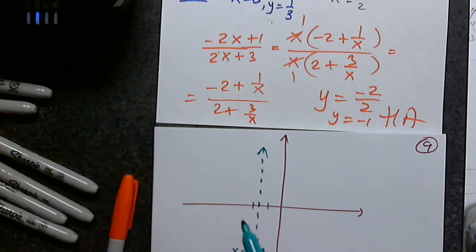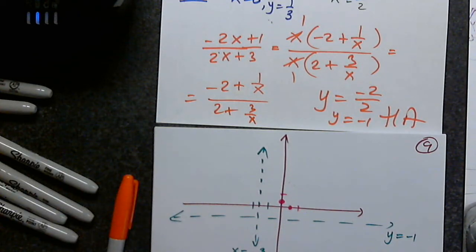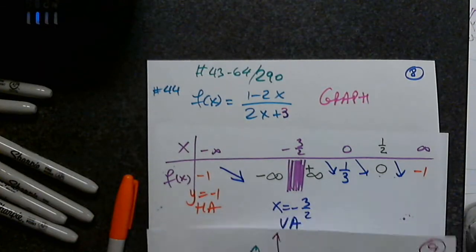Then I have y equals negative 1. Then I plot the points I have: (0, 1/3), then (1/2, 0). And now I follow my chart. My chart tells me what to do.